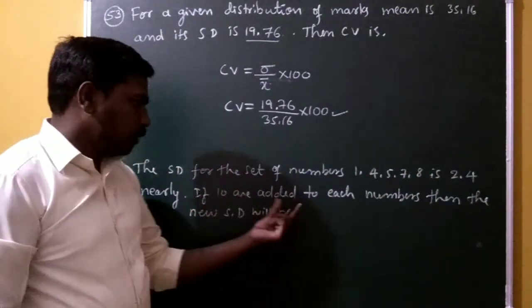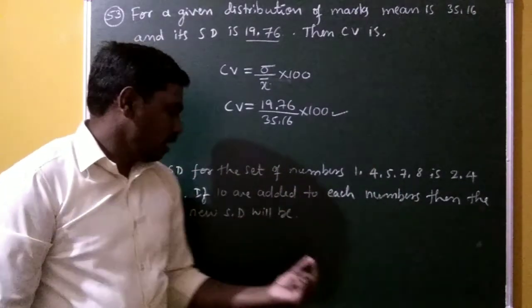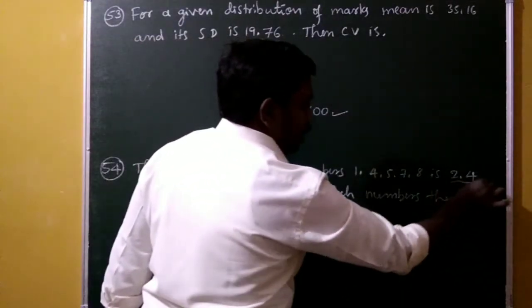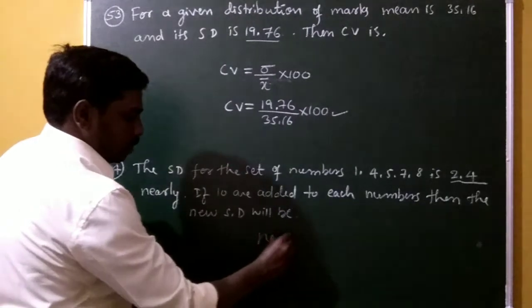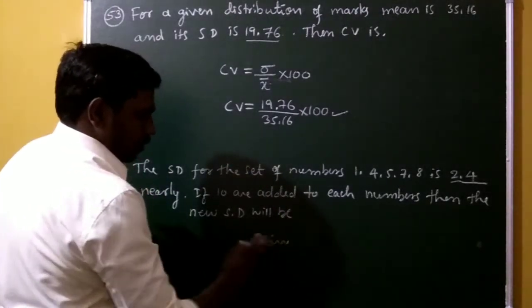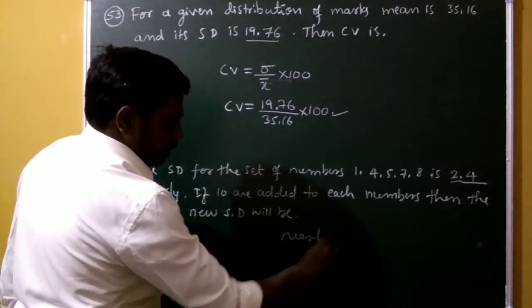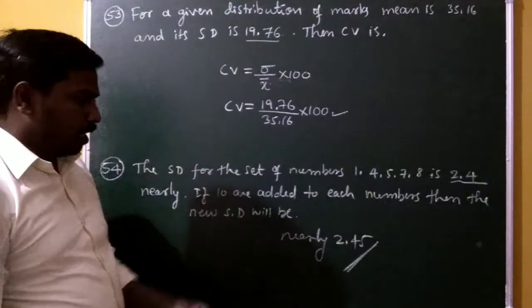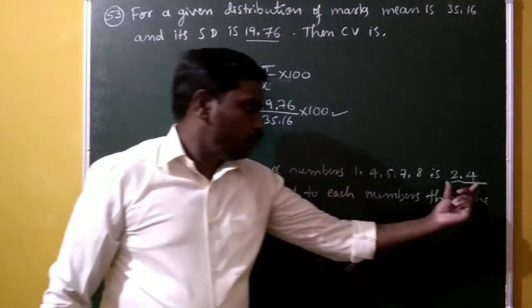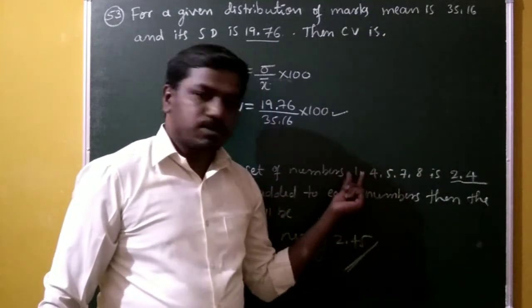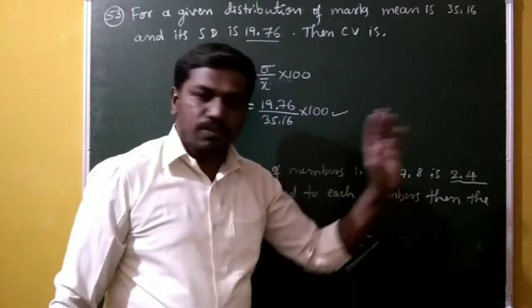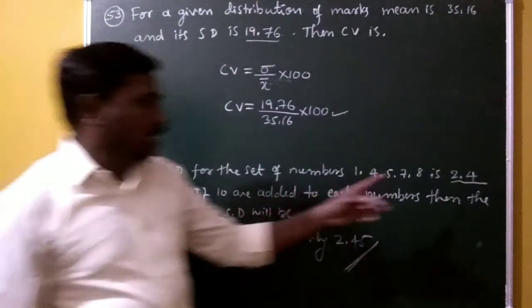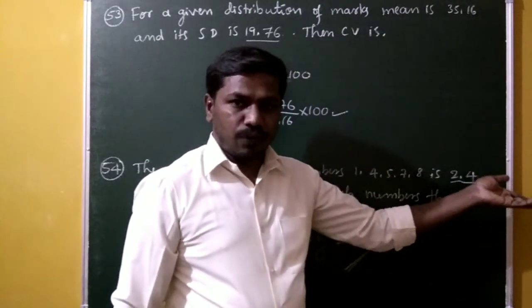If 10 is added to each item of this observation, then the new standard deviation will be nearly what? Since the standard deviation here is 2.4, whatever we add to each and every observation, the standard deviation remains 2.4 something. Here it says nearly 2.4, and nearly means 2.41, 2.44, 2.45, so it may be.